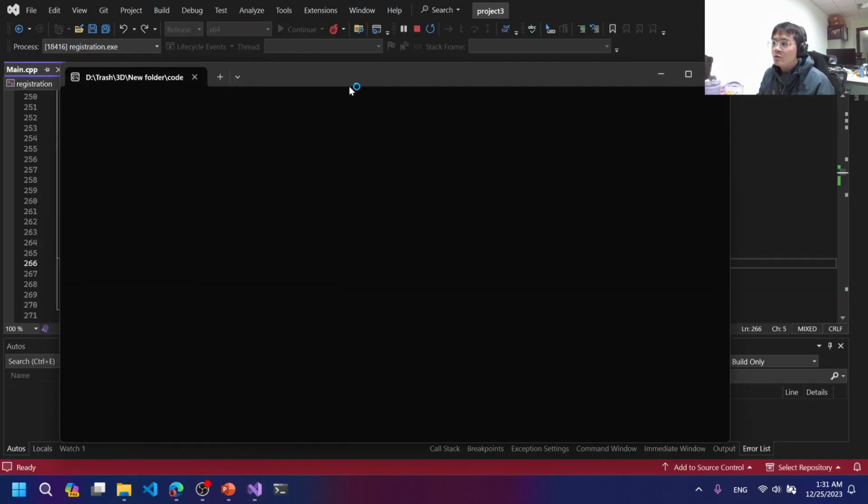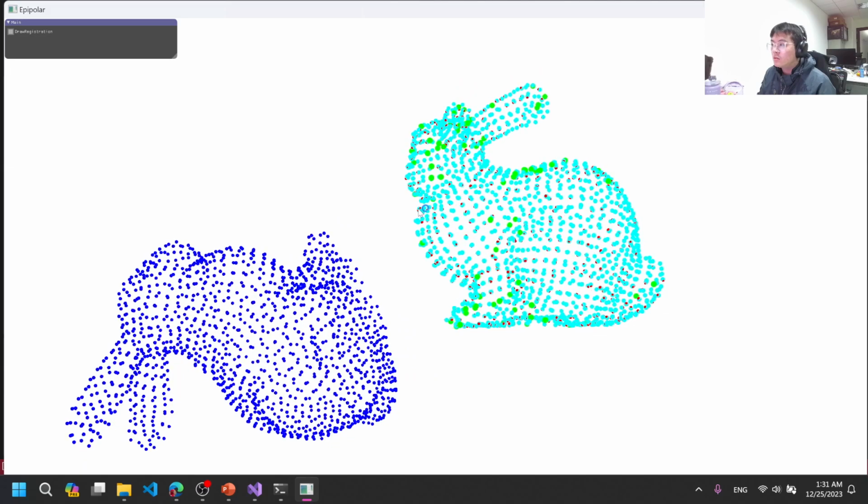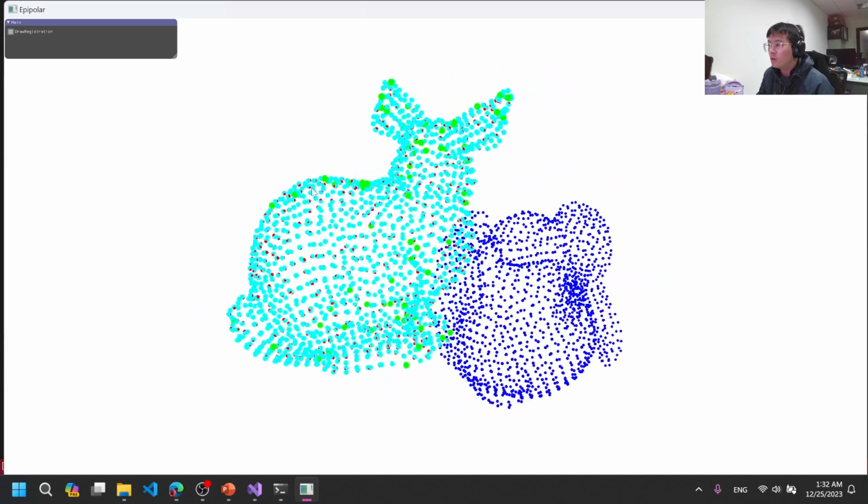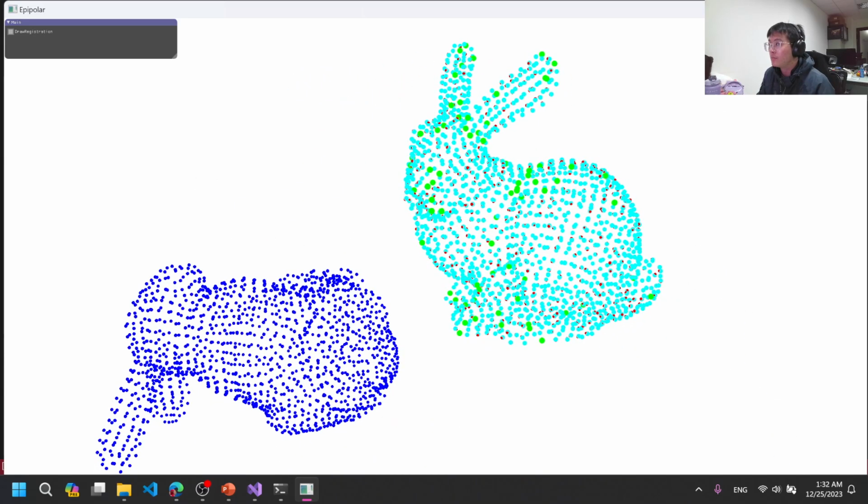What it did was, I think the red dots were inverted, or it was the sand. Now it has calculated the correct rotation and the translation. Now it looks like it's the same shape.